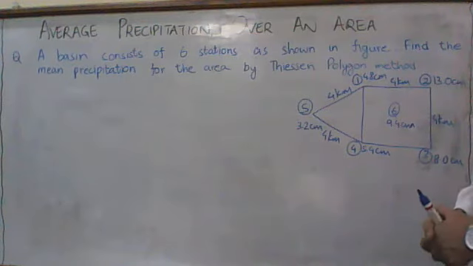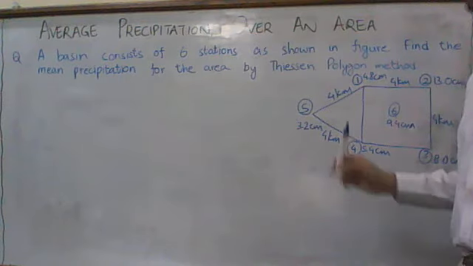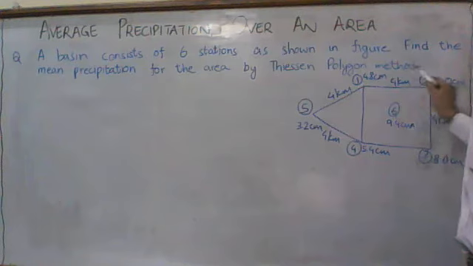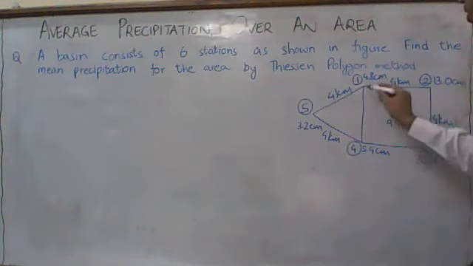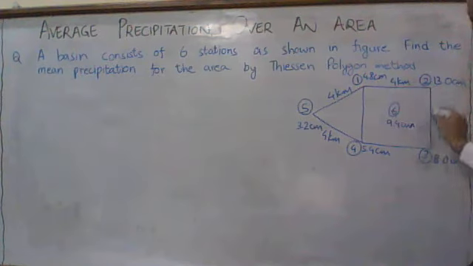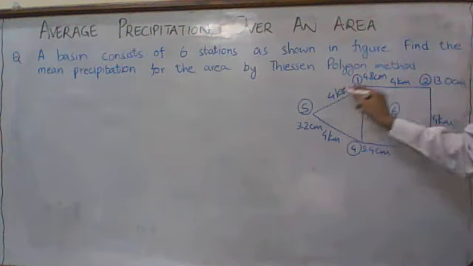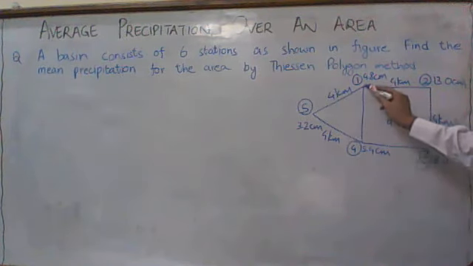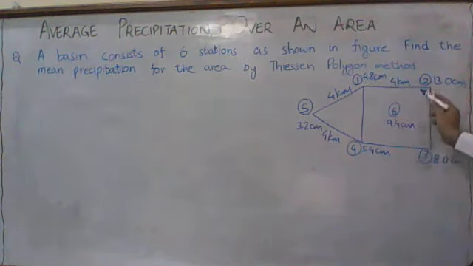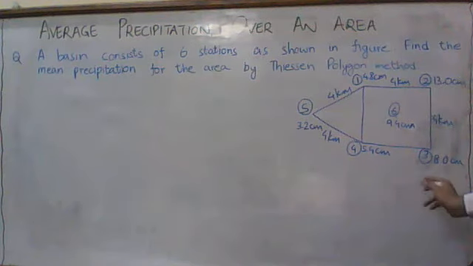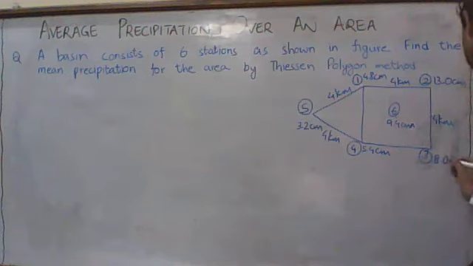So you have to find the mean precipitation for this area by Thiessen polygon method. See, all the stations are at the corners of the basin. At corner 1, the precipitation is 4.8 centimeter. At corner 2, it is 13 centimeter. At corner 3, it is 8 centimeter.